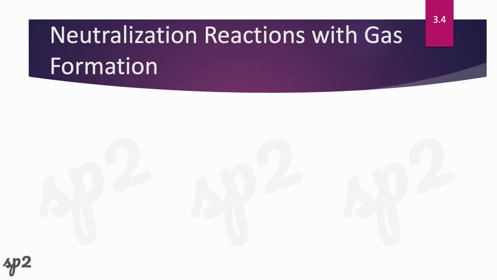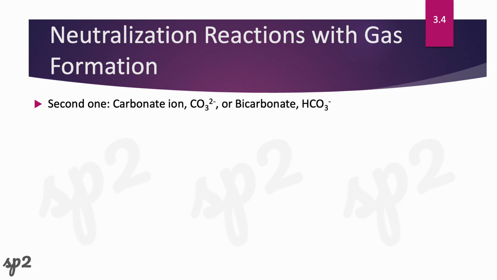Okay, so here's the second one, which is the reaction with either carbonate or bicarbonate anion. They're going to be pretty much the same. I'm going to look at bicarbonate here for you. So here's my hydrochloric acid reacting with sodium bicarbonate, and it's producing sodium chloride and carbonic acid.